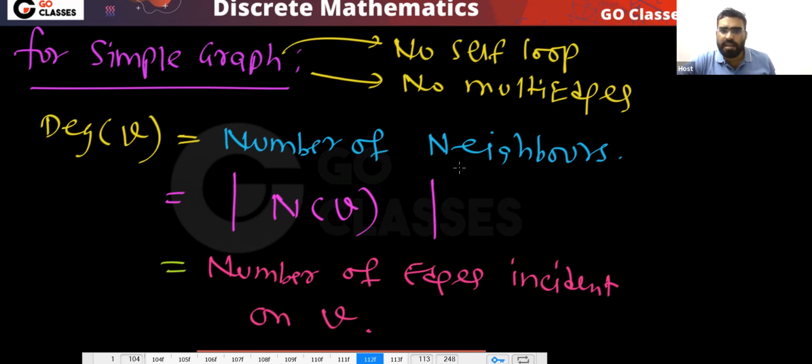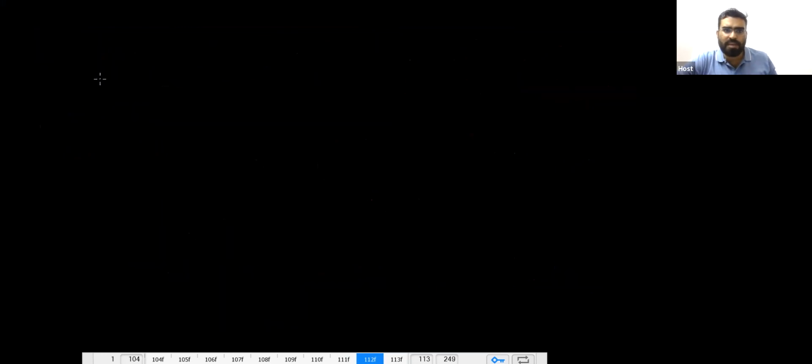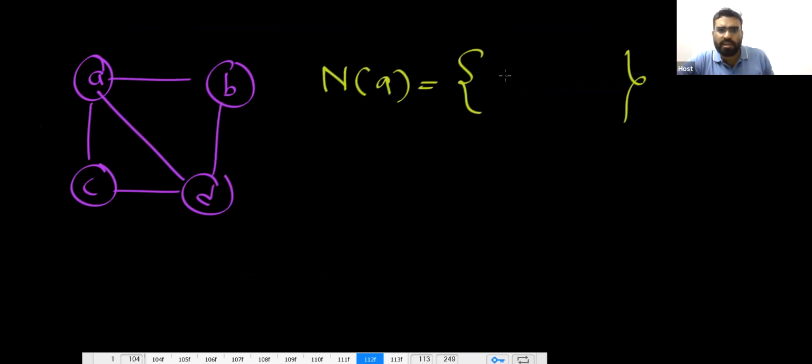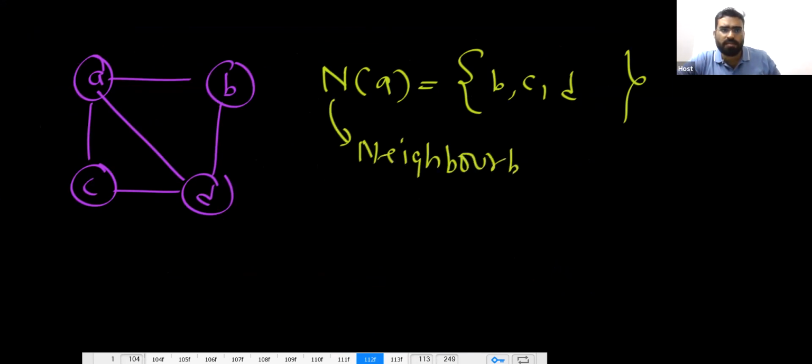Is this clear? Neighbors means adjacent. We have already seen these. For example, if you have this graph A, B, C, D, then tell me who are the neighbors of A. The neighbors of A are B, C, D. This is the neighborhood.